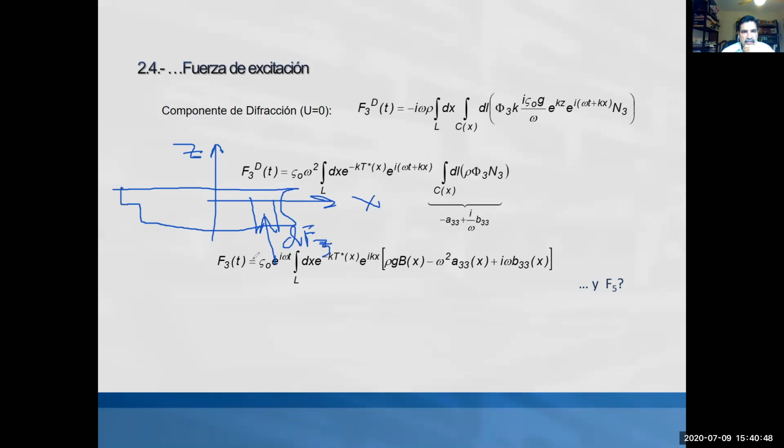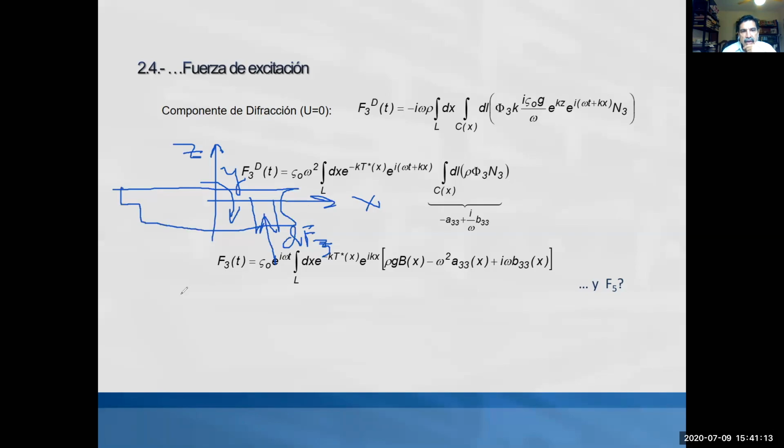Wait, I'm sorry, this is F3, pointing upward. The problem is that in this direction we have the rotation positive, so it's X cross Y and Z positive. But if you have a positive force at a positive X position, that generates a negative moment.